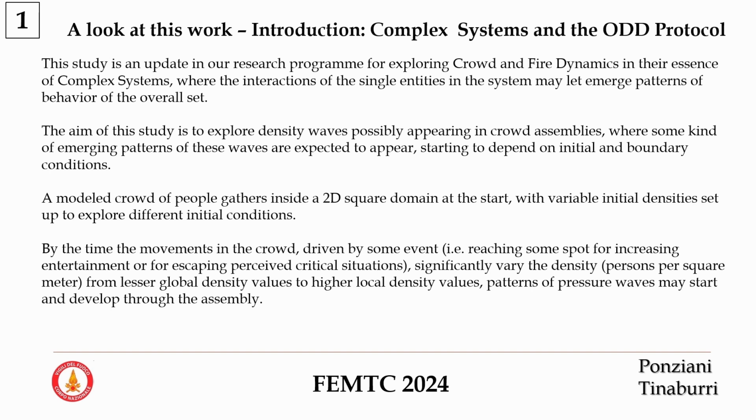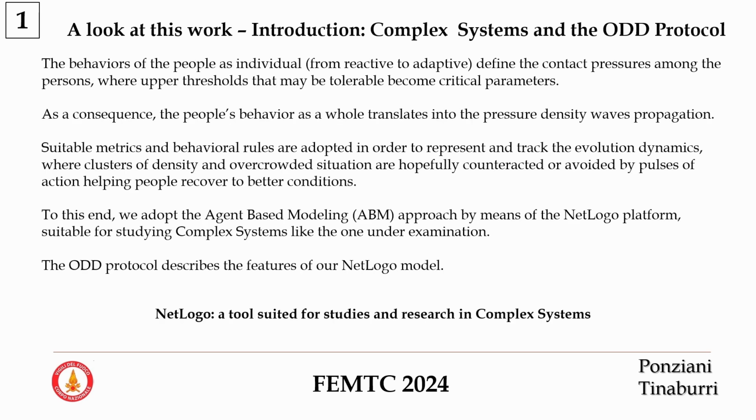By the time the movements in the crowd driven by some event may vary the density, we can go from lesser global density values to higher local density values. An event, for example, due to the desire of reaching some spot for increasing entertainment or the need for escaping perceived critical situations.